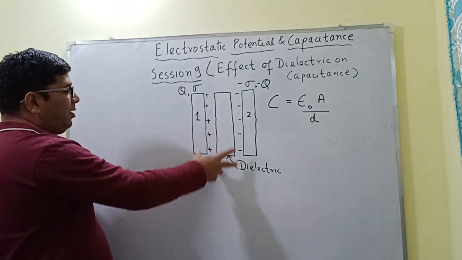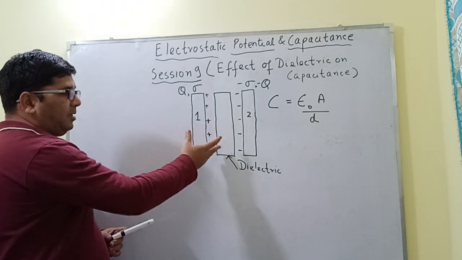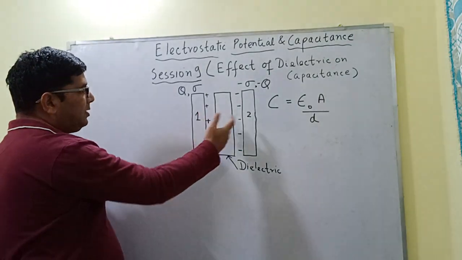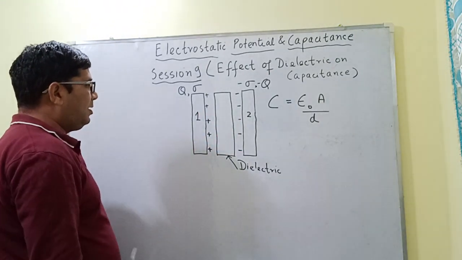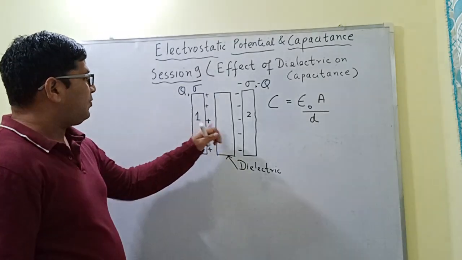Now, I have drawn one figure here, a capacitor consisting of two conductors, which I have depicted as 1 and 2.